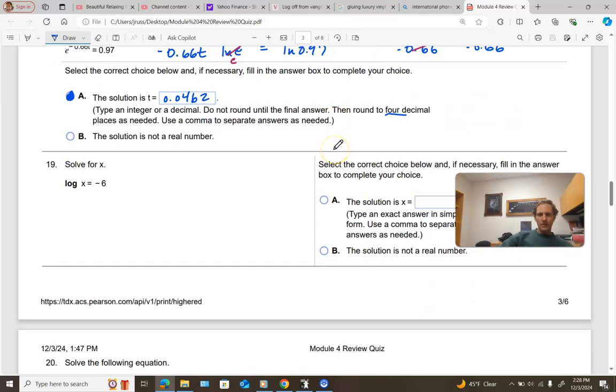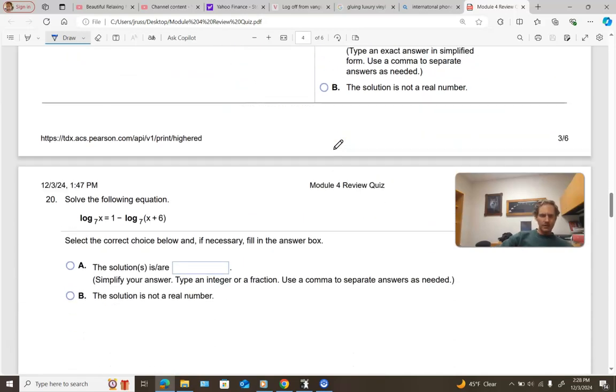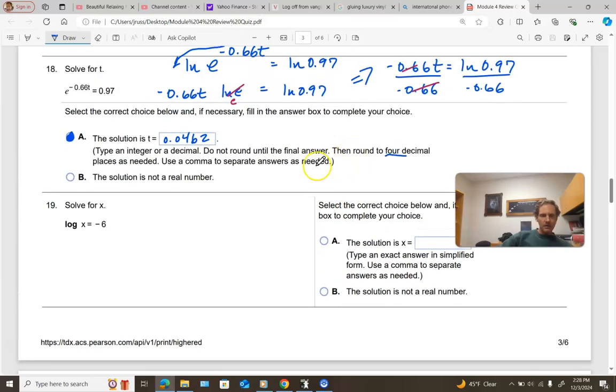All right, guys. I've got a couple left here. Number 19. So this one is a logarithmic equation. So with these logarithmic equations, we exponentiate them. So this is the common log of x is equal to negative 6. So if I exponentiate this, the base stays the same. The negative 6 comes over to become the exponent, and the x moves to the other side. So now I have it solved, basically.